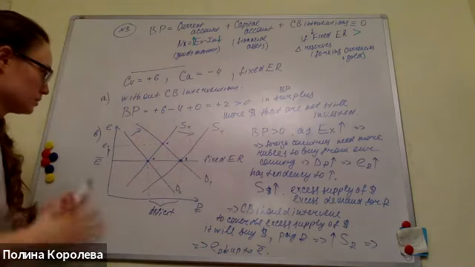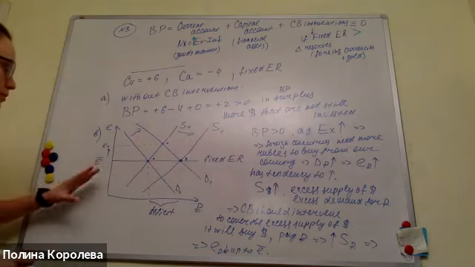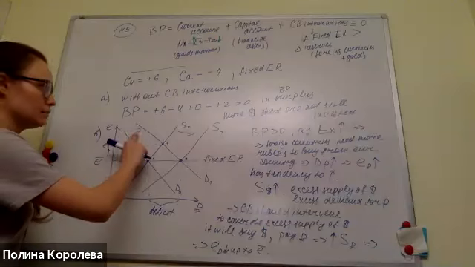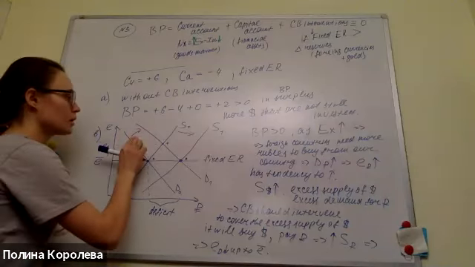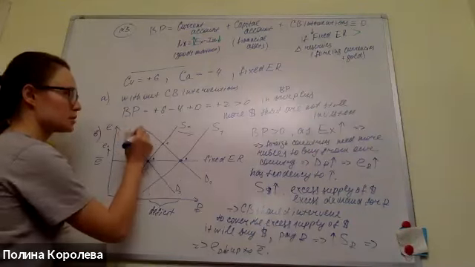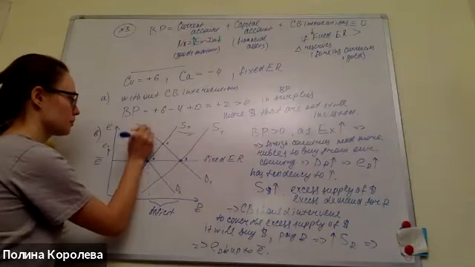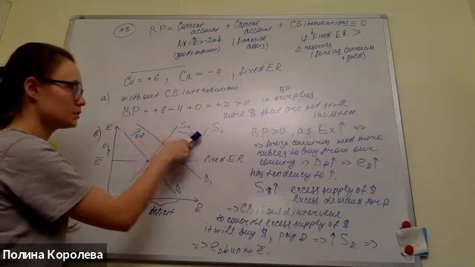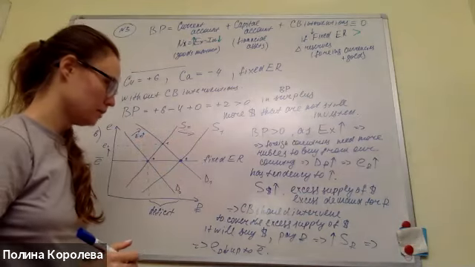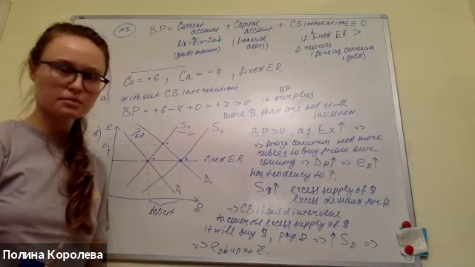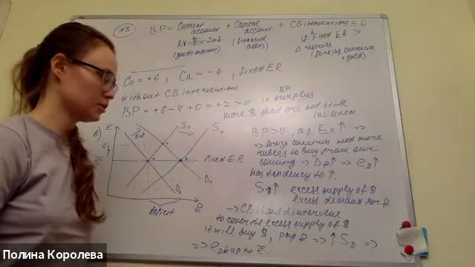Yes. So on the graph, let us name why these shifts happen. Demand increases because we have an increase in export. The supply of rubles increases because the central bank buys dollars and pays rubles, putting rubles into circulation.